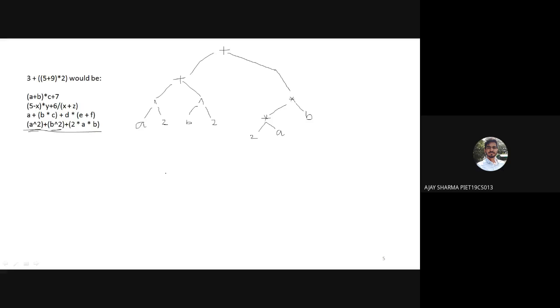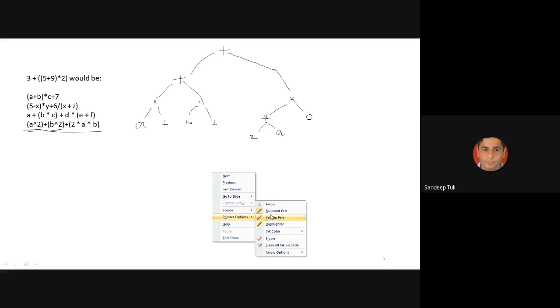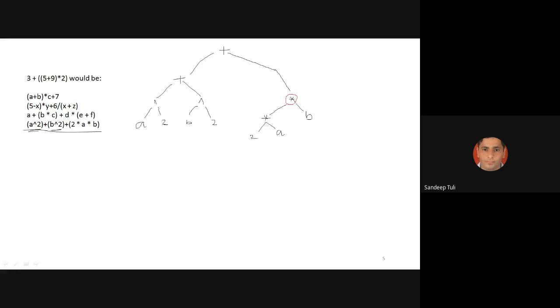Sir, A power 2, B power 2, and 2 star A star B are all on the same level, sir. But 2 star A is on another level from this. Level problem is there actually. First problem is that level problem, because this star I am talking about should be at that level. तो इन सबका लेवल एक एक ऊपर जाएगा.